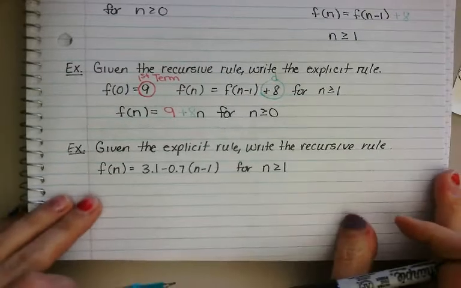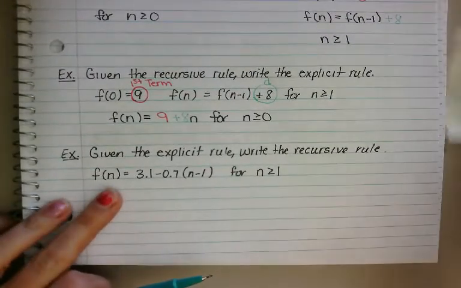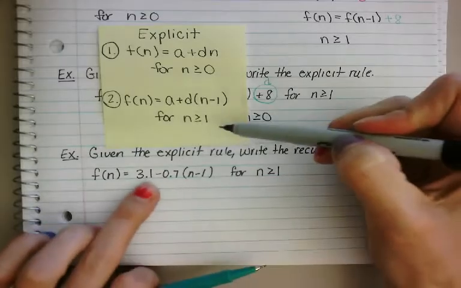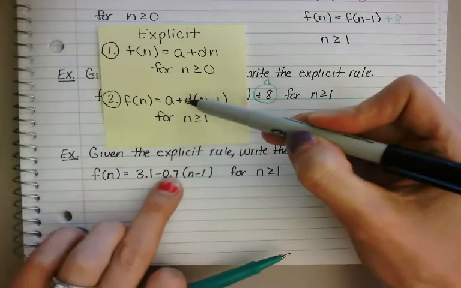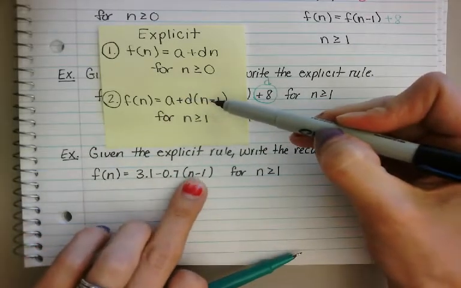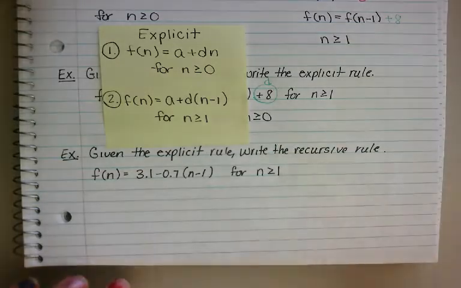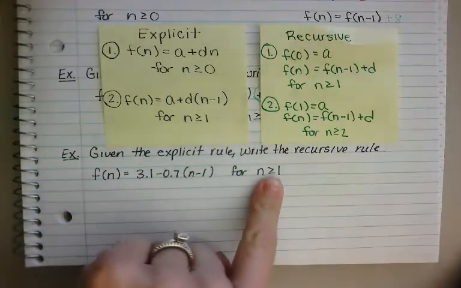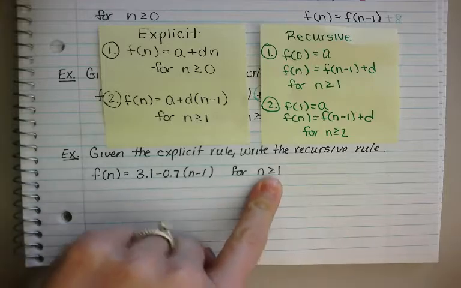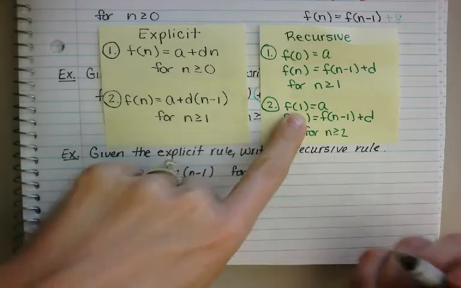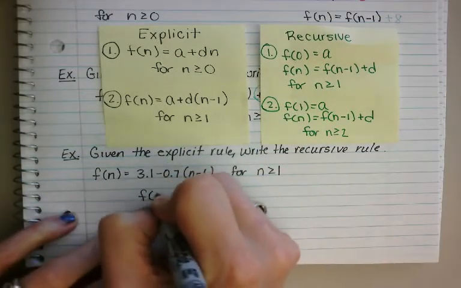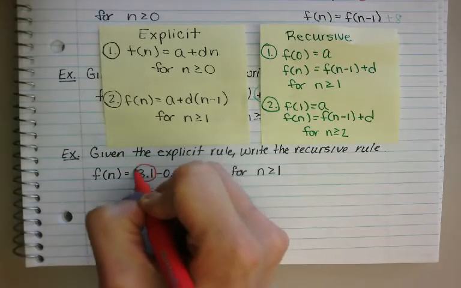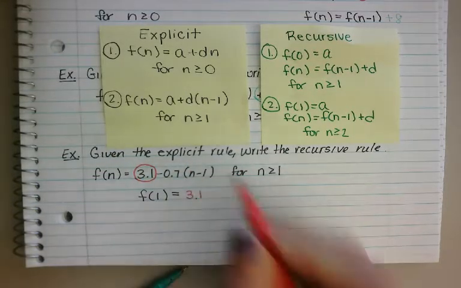Now on this one, they've given me the explicit rule, and they want me to write the recursive rule. So on their explicit rule, here's my first term. I can see my common difference, for n's greater than or equal to 1. So they want us to write the recursive rule for n's being greater than or equal to 1. So we're going to say f of 1 equals, so what is their first term? Their first term is 3.1.